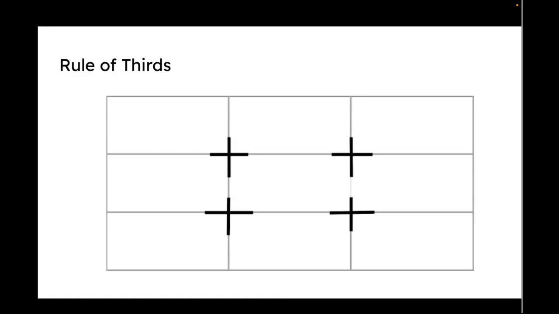The rule of thirds. This is often used in photography, but it also comes into play when you are designing materials digitally. By the rule of thirds, you can see that this rectangle is broken up into thirds. And you'll notice that where the horizontal and the vertical lines meet, they cross here. You can see those symbols are bolded in the middle.